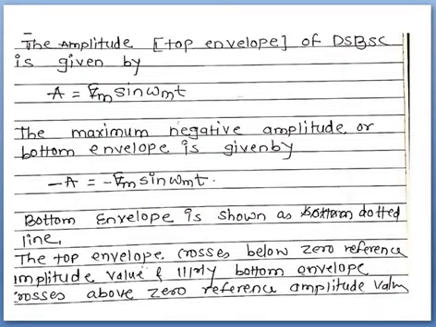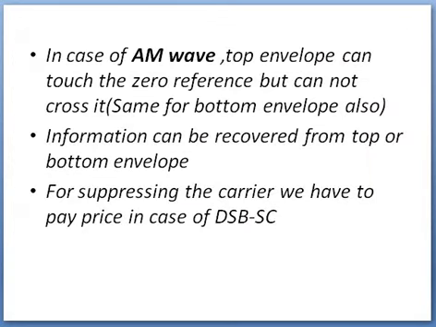The top envelope crosses below the 0 reference amplitude value, and similarly the bottom envelope crosses above the 0 reference amplitude value. In case of an AM wave, the top envelope can touch the 0 reference but cannot cross it. The information can be recovered from the top or bottom envelope. So for suppressing the carrier, we have to pay a price in case of DSB SC.